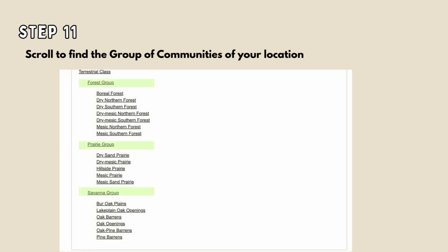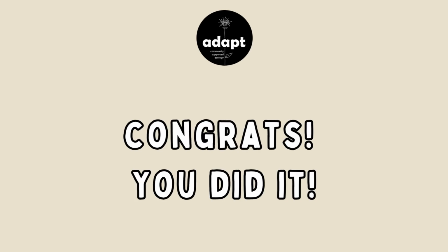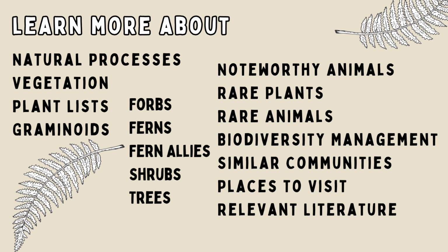Like, is your area a forest, prairie, or a savanna? You're going to need to read more about those different ones and figure out what characteristics line up and don't. Congratulations, you did it. You can now go on to read more about your historic ecosystem and delve into something that interests you.